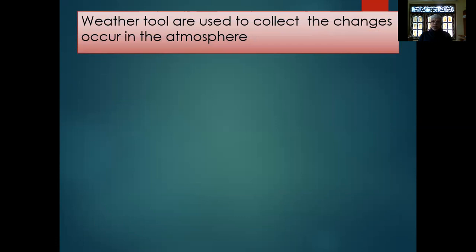Various equipments are used to identify the changes that occur in the elements of weather. After collecting these changes, they prepare the weather forecast and then it is issued to the media to make people aware.